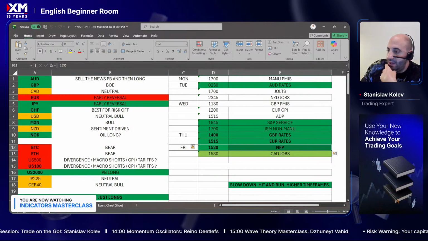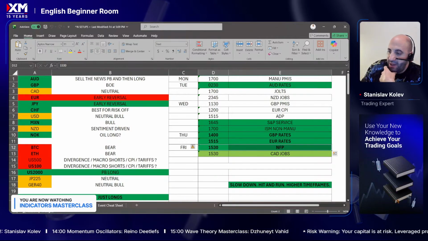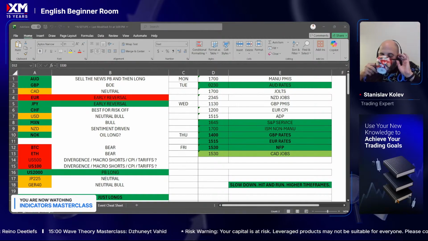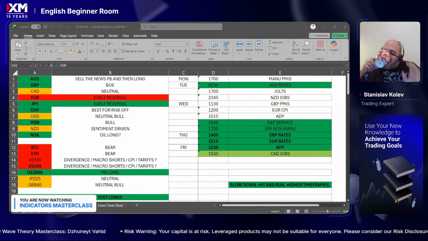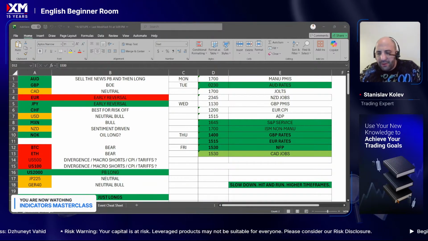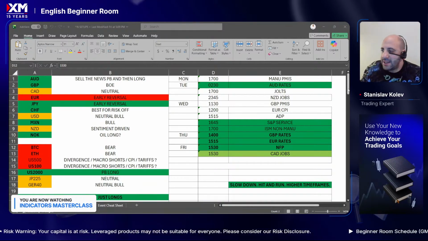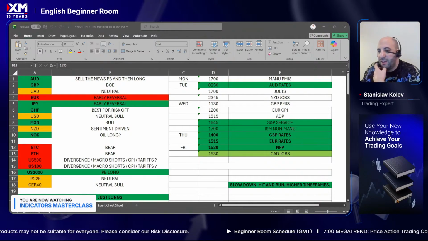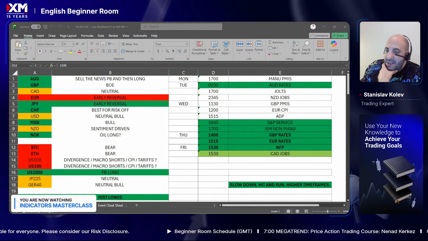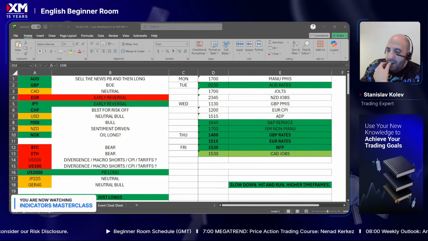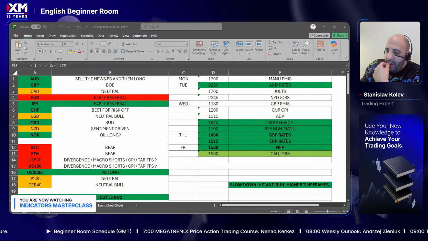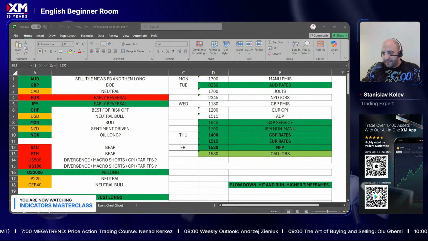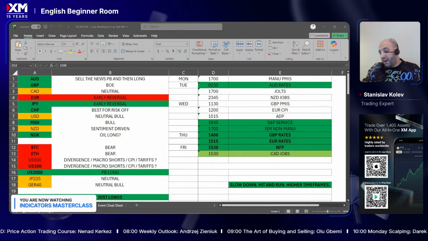Let us start with the weekly preparation. Nasdaq, I believe I will continue having bearish bias so far.